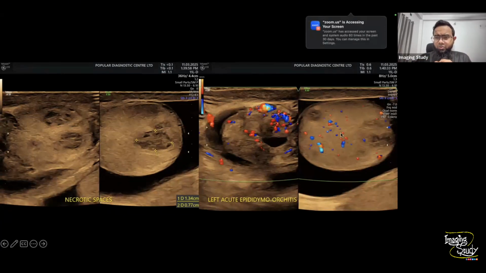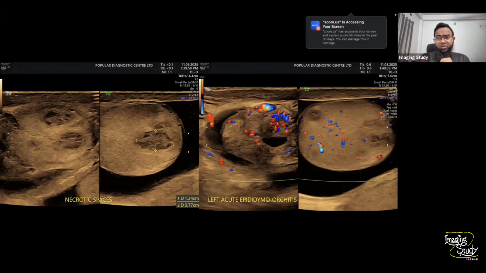Okay, so here is the vascularity of the testis and epididymis due to acute epididymo-orchitis. Now, if I ask you about the vascularity, are you satisfied with this vascularity? Like, is it okay to say there is increased vascularity, especially for the testis? Yeah, for the epididymis, it's okay.